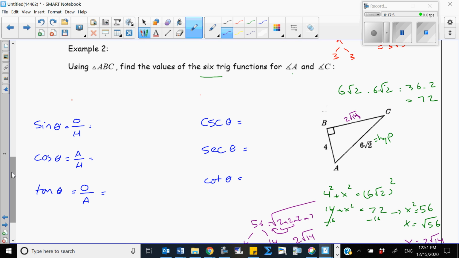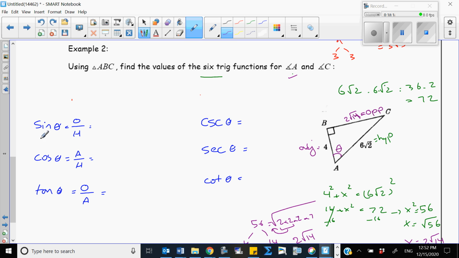Let's see which angle we are working on right now. Let's start with A. So I'm going to use this one. This is going to be my starting point. I call that theta. Now, the opposite of this angle is this side. And the next one here will be the adjacent side, and hypotenuse we said is always the same thing.